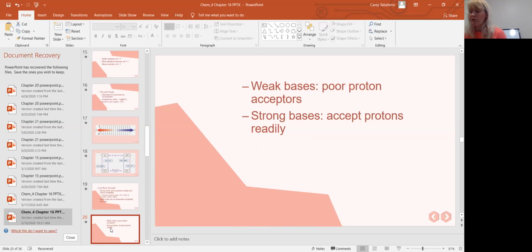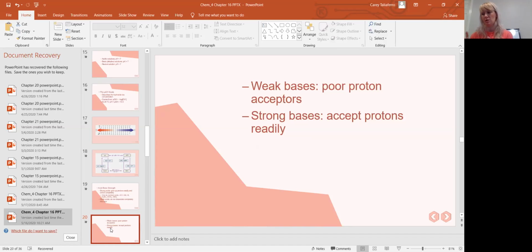I could give you a few, but mostly they are hydroxides. When a compound has a hydroxide attached to an active metal, like those group 1, group 2 metals, those are the ones, when they're combined with a hydroxide ion, that are your strong bases.